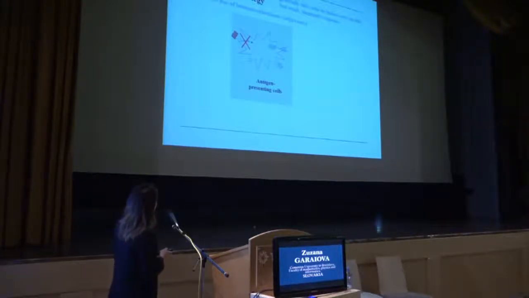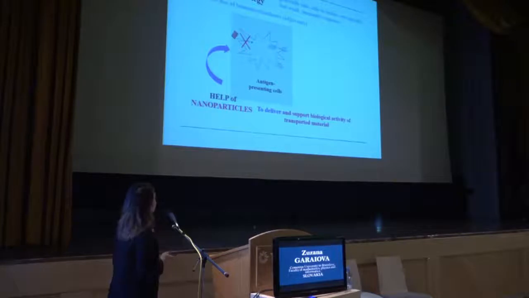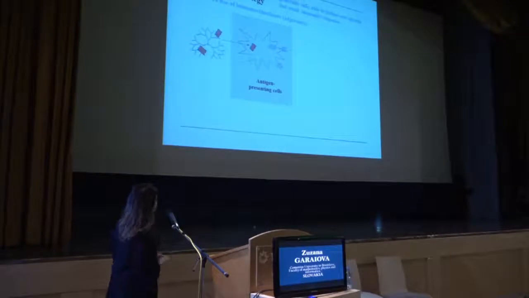Dendritic cells are special immune cells, and their role is to capture peptide and process it on the surface where it is then expressed by this major histocompatibility complex. So T lymphocytes can detect these peptides, and then humoral or cellular immune response can be generated.